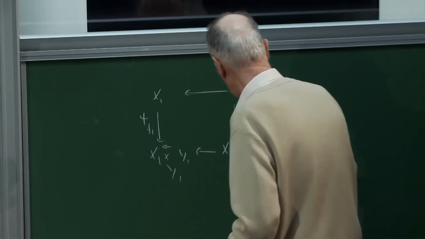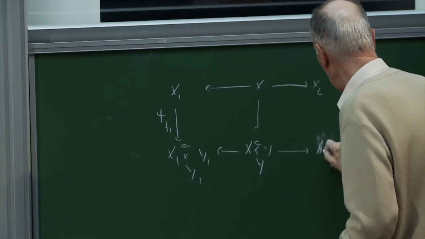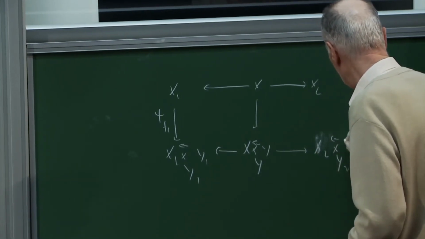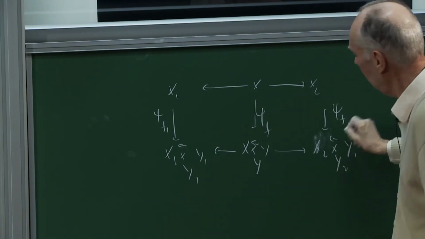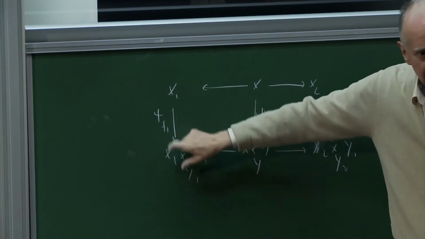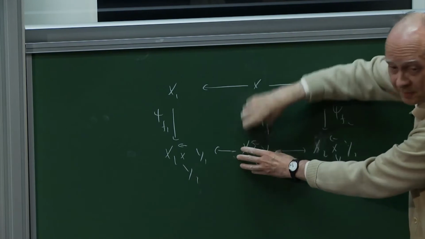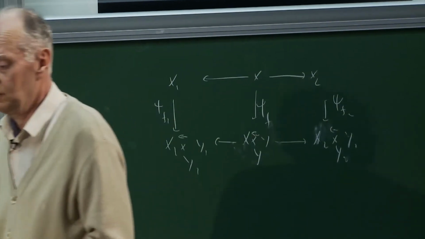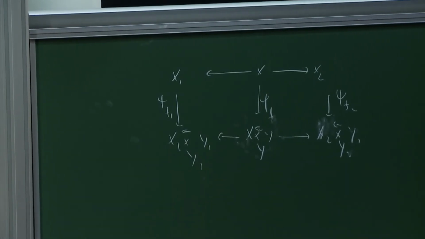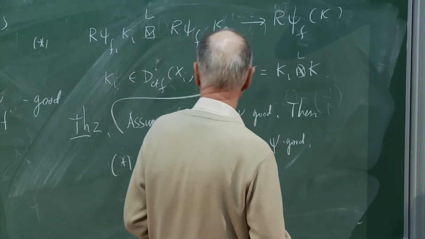You have two projections here. And here it's an x2 cross y2. So you have psi f and psi f2. And so what I said, you have the map from the external tensor product here into the psi here. And I claim that if you assume that fi Ki is psi good, then this map is an isomorphism, and also the R psi f K is also psi good.